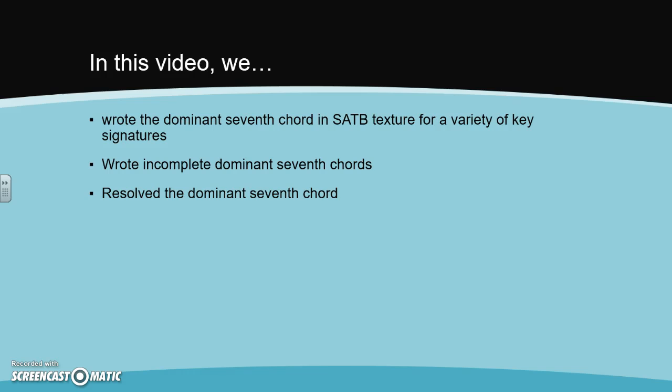All right, so in this video, I introduced you to the 5/7 chord in SATB texture. And we used a variety of key signatures. We went through quite a few. We wrote incomplete dominant 7th chords. This was when we wrote it in 3-part harmony, or if we wrote it in 4-part harmony, omitting the 5th. And we also resolved the dominant 7th chord to 1.